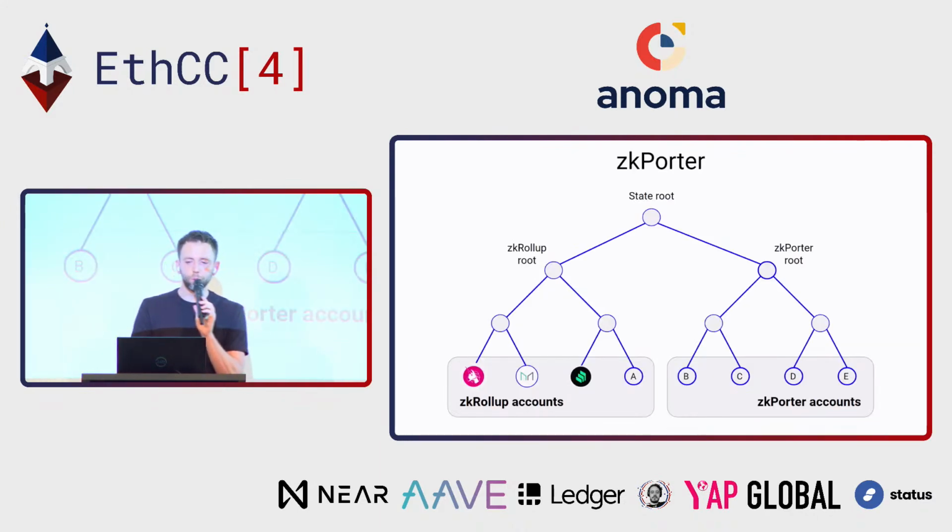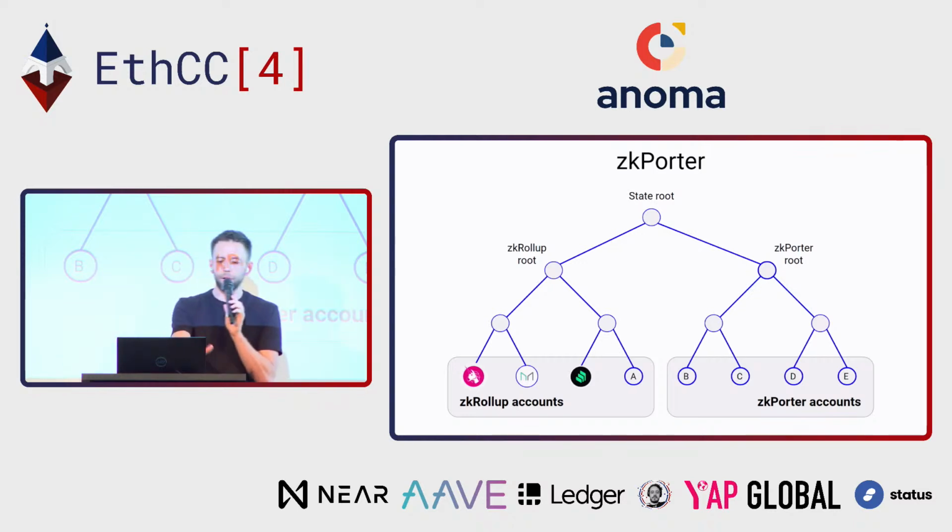For now, what we can do is separate our state into two different subtrees, and the user can choose which type of account they have. Is this account residing in the zkRollup subtree, or in the zkPorter subtree? They are all the same for all practical purposes.